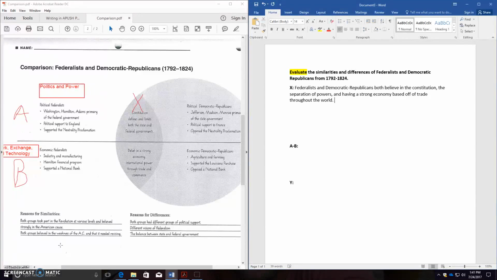Okay, so Federalists and Democratic Republicans both believe in the Constitution, the separation of powers, and having a strong economy based off of trade throughout the world.